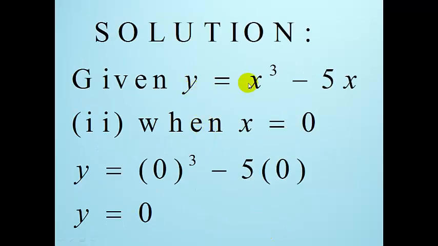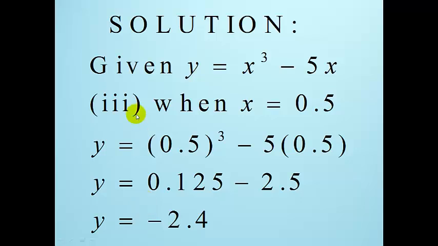Now, given the same relation, y equals x cubed minus 5x, we are still on the substitution. When x equals 0, y equals 0 cubed minus 5 times 0, and the answer is 0. When x equals 0.5, y equals 0.5 cubed minus 5 times 0.5, which is 0.125 minus 2.5, and the result is minus 2.4.